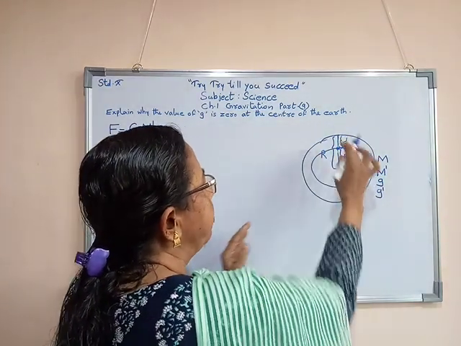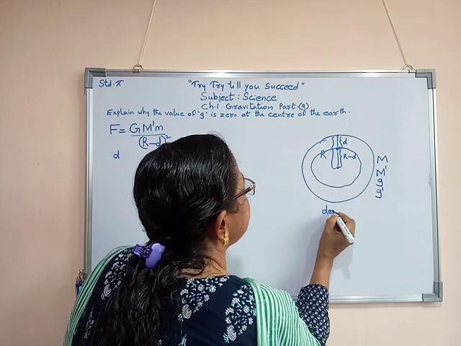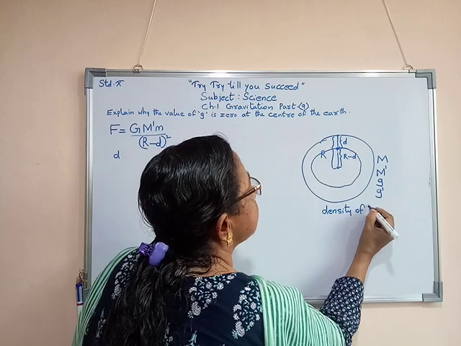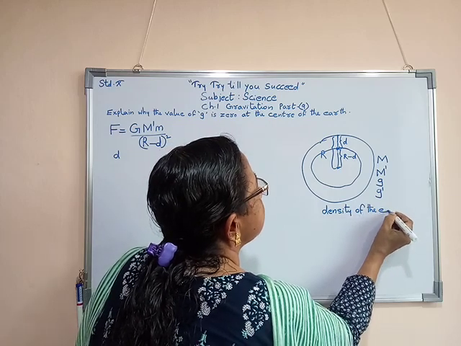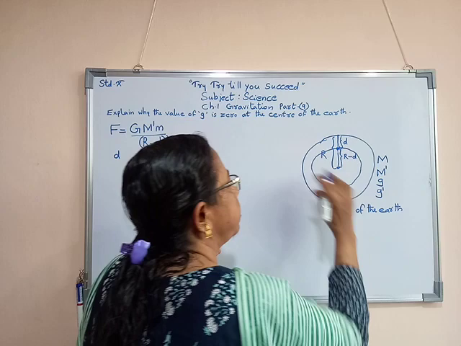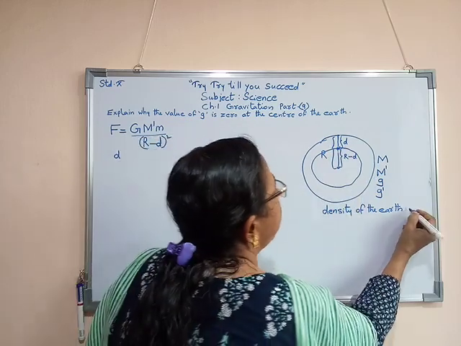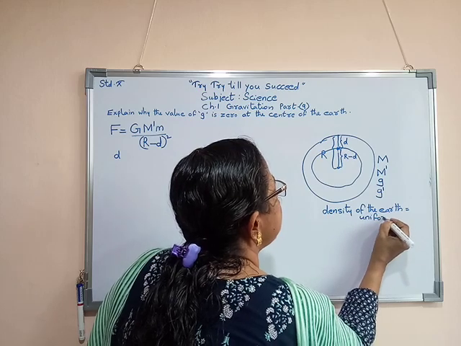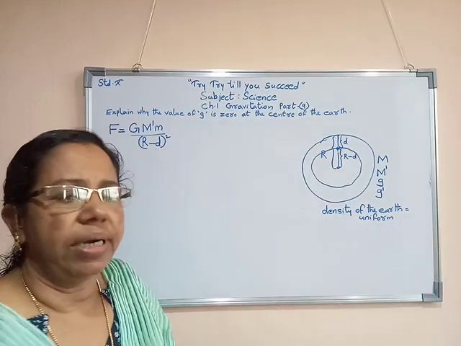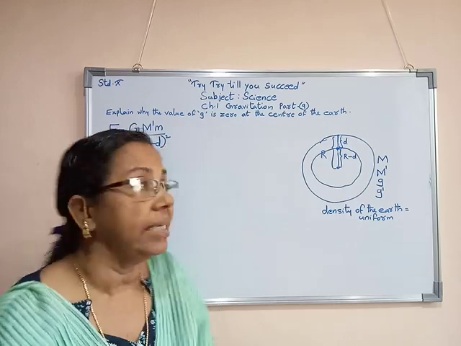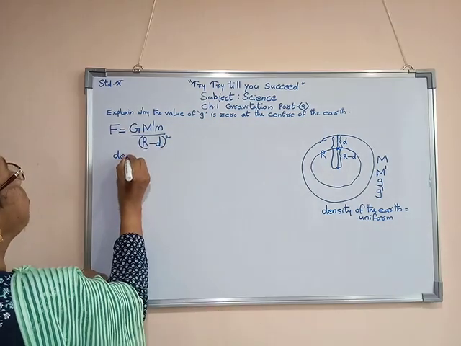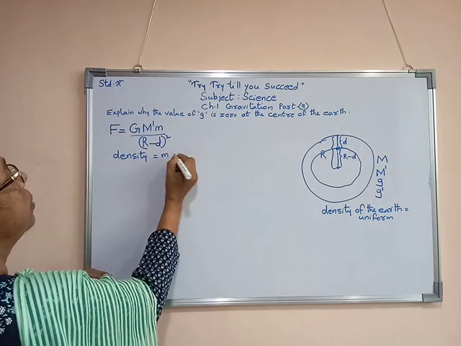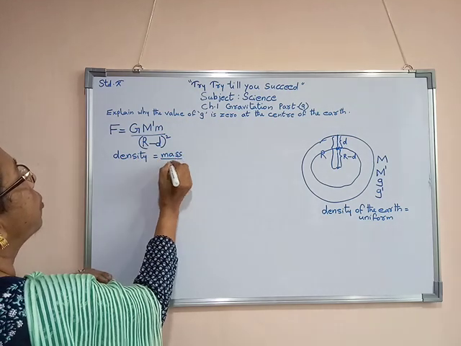When we speak about the density of the earth, any part of the earth will have uniform density. What is the formula for finding density? Density is equal to mass upon volume.